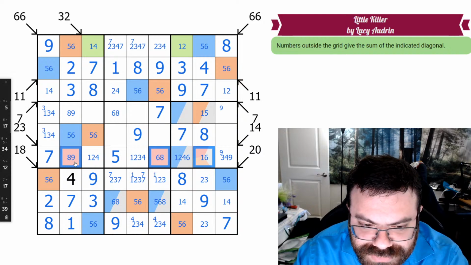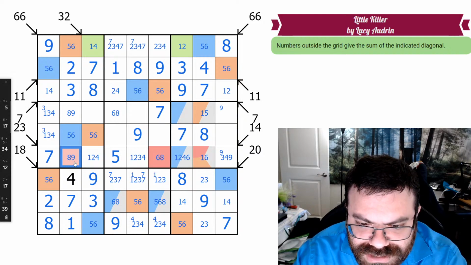It might be this simple. If this is a 9... Hold on. Maybe it's not this simple.